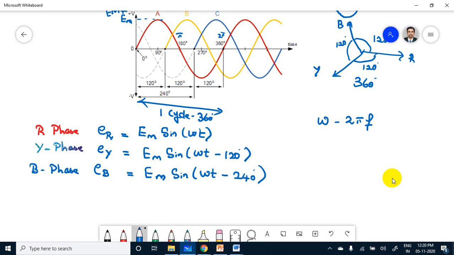Because there is no yellow color here, I have used this glitter color.